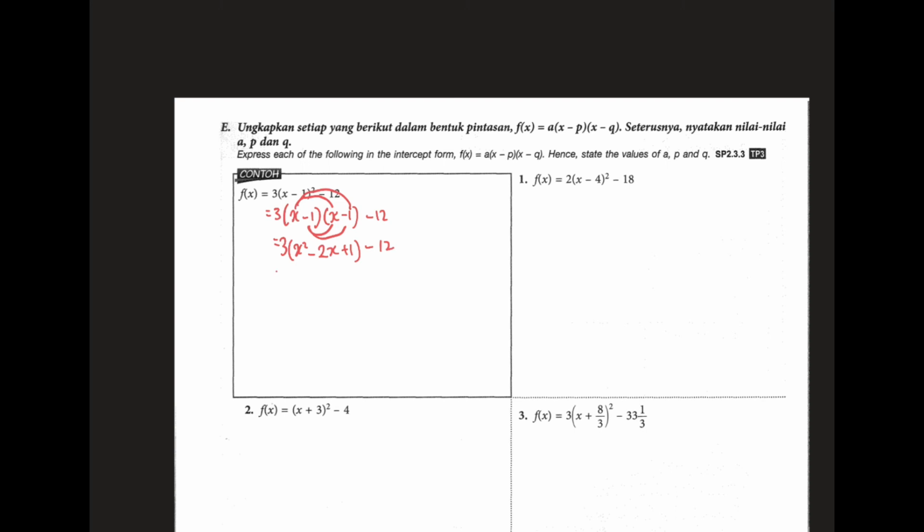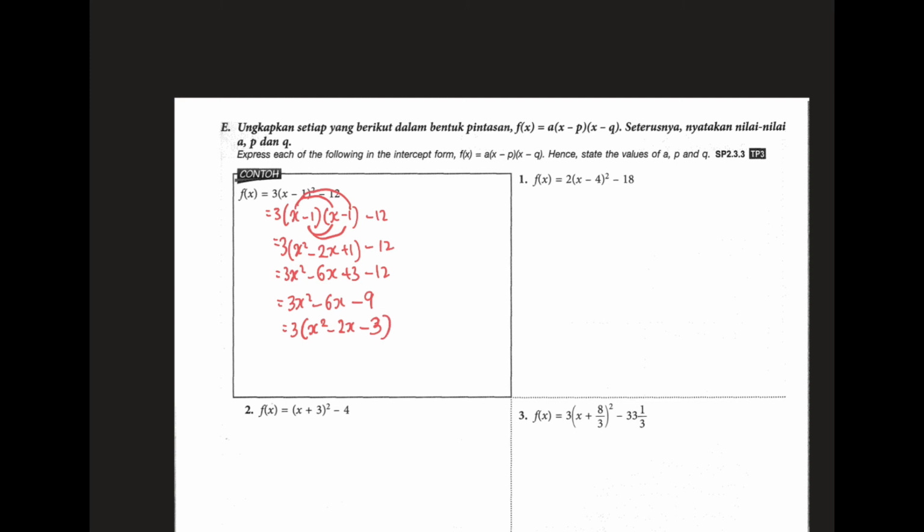Okay, so then expand: 3x squared minus 6x plus 3 minus 12, 3x squared minus 6x minus 9. Okay, so they want intercept form. Intercept form means you factorize it. I factorize 3 first. I know that all terms are divisible by 3.